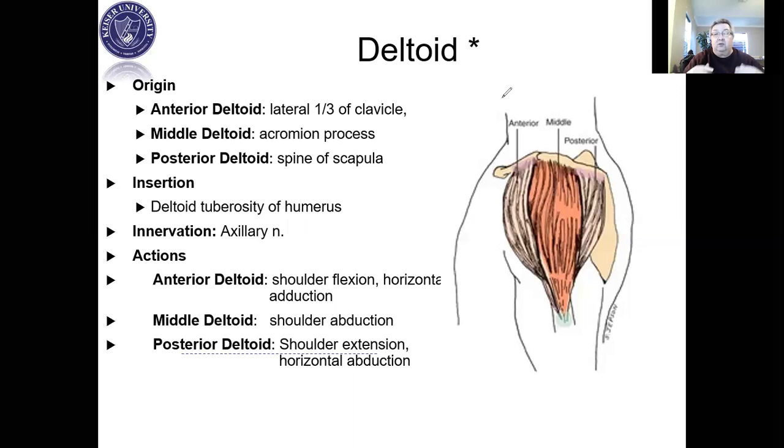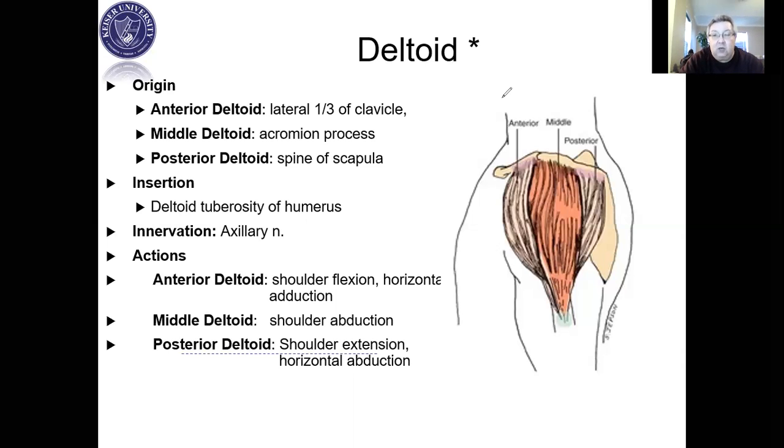Like I said, you're going to see in some books and flashcards that the anterior deltoid also does abduction, the middle deltoid does some extension, and the posterior deltoid does some abduction. Don't worry about all of those. Follow what I wrote there. These are the actions you need to know correlated with which deltoid is doing it.